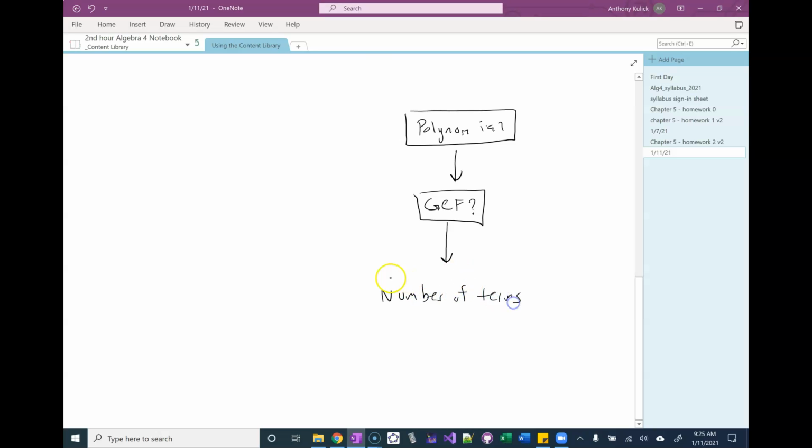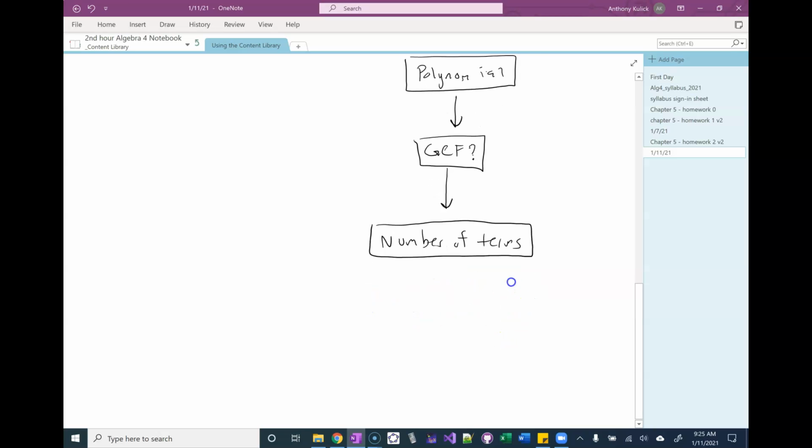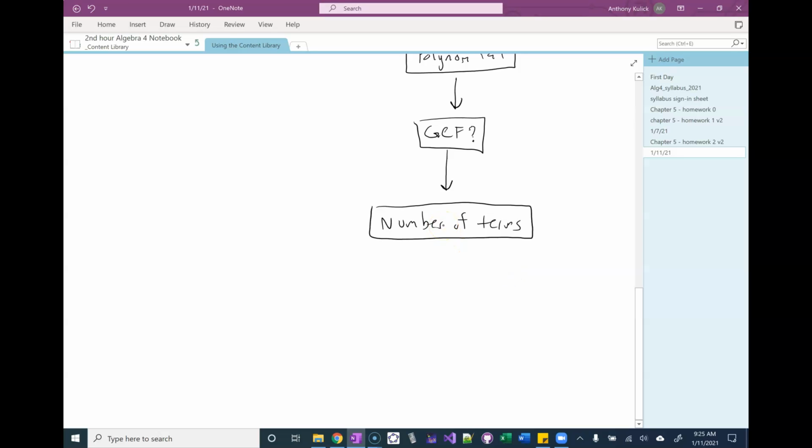And then we're going to look at the number of terms. There are 3 situations that we're going to deal with.